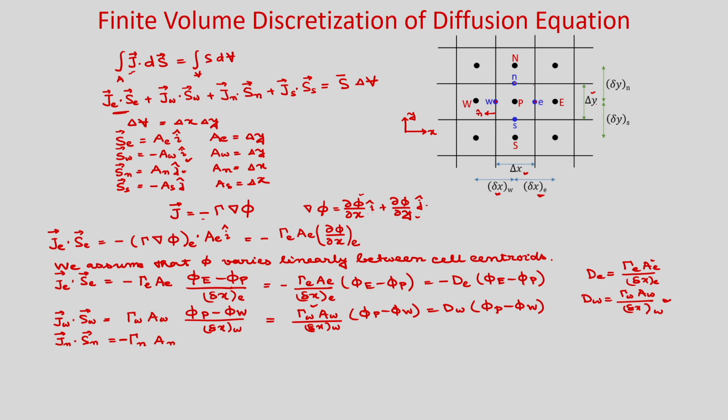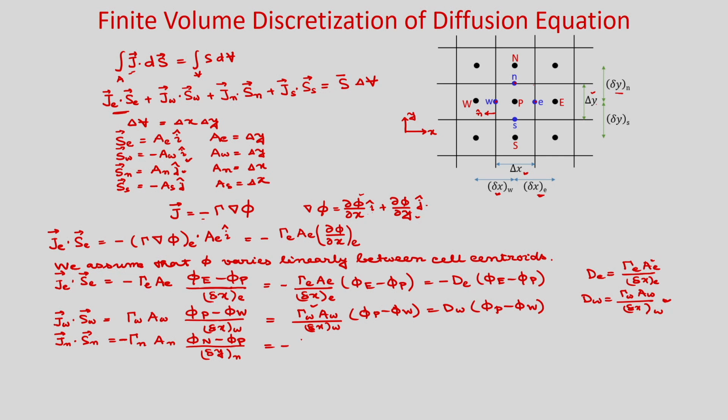So, del phi by del y at this face center n will be phi_N minus phi_P divided by the distance between these cell centers, that is delta y_n. Okay.